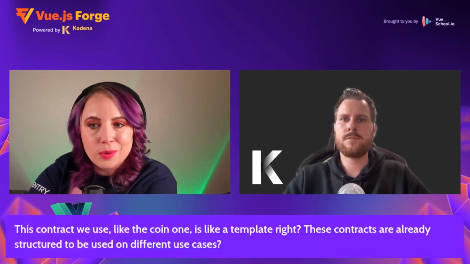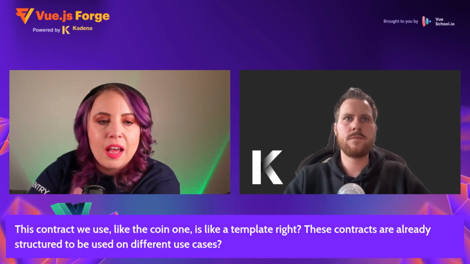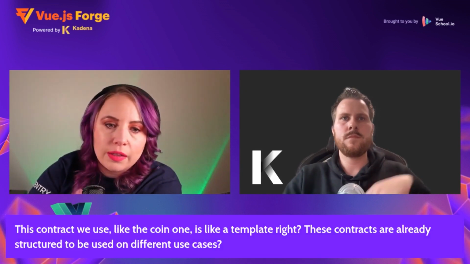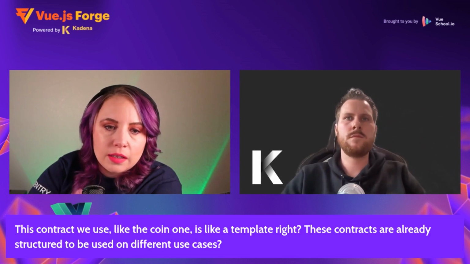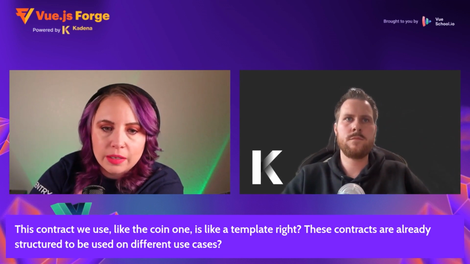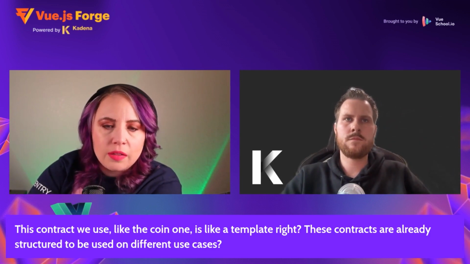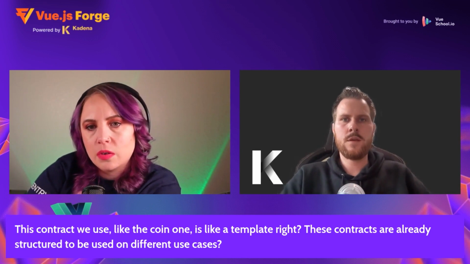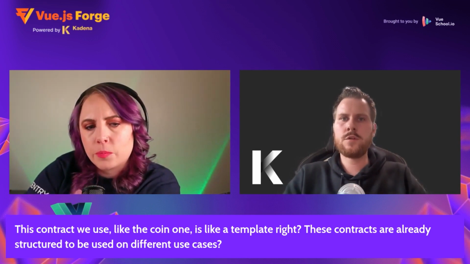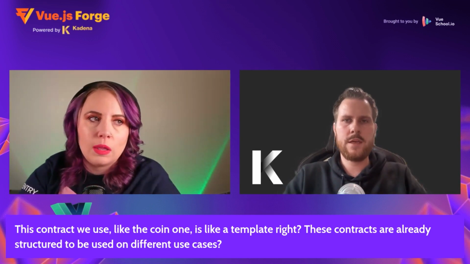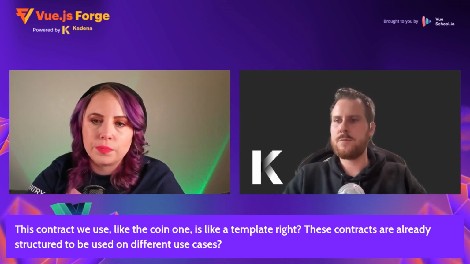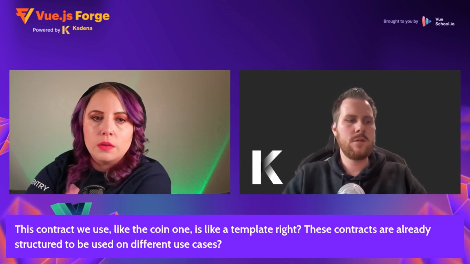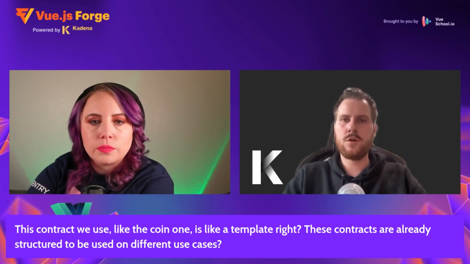And a last question we have is, this contract we use, like the coin one, is like a template. Is that like a template? These contracts are already structured to be used in different use cases. Yeah, so the coin contract is actually one of the first contracts that is being built on the blockchain.